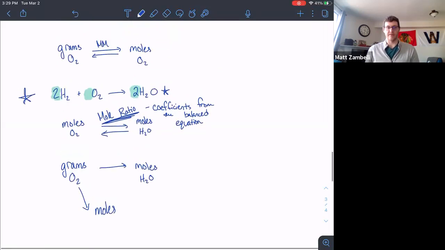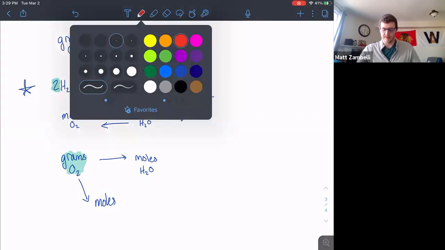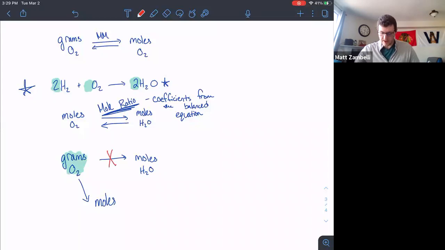What would my moles have to be of? If I'm starting over here and I had grams of oxygen, what would I have to convert to? Moles of oxygen, perfect. So I'm going to convert to moles of oxygen.